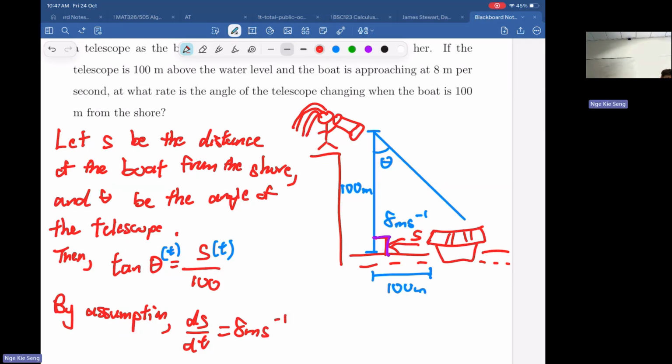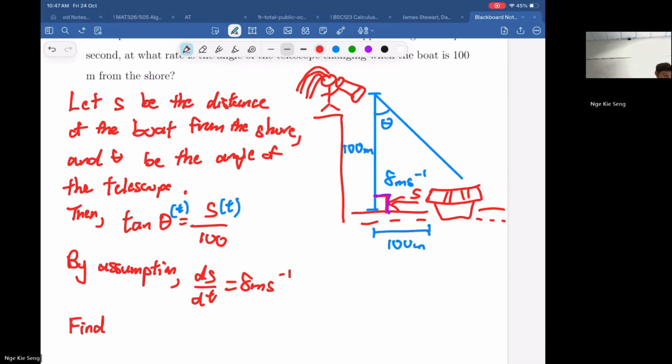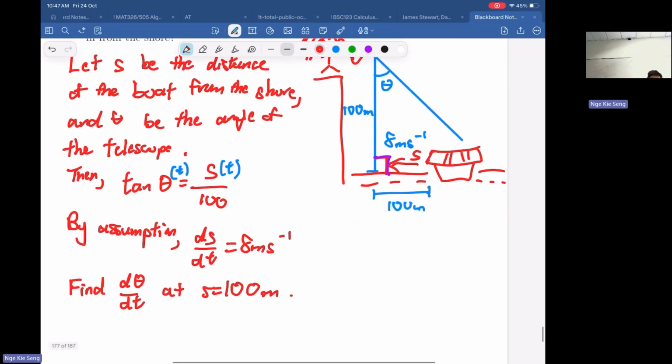But you want to find d theta/dt at s equal to 100. So you've got ds/dt, and you want to find d theta/dt.